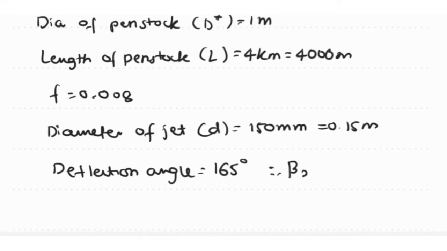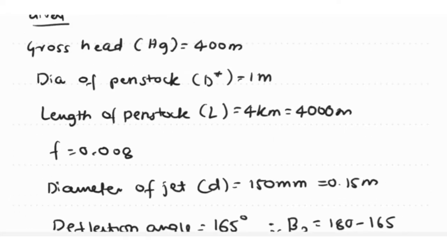Therefore we can calculate vane angle beta 2 is equal to 180 minus 165, so that is equal to 15 degree.